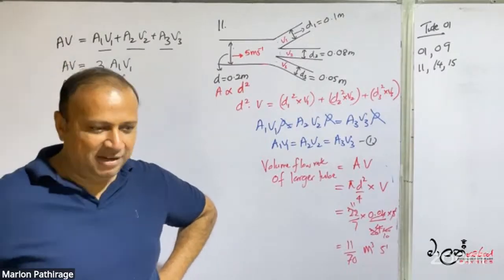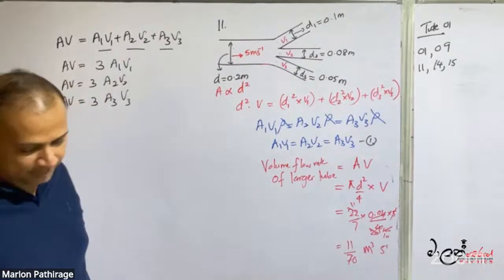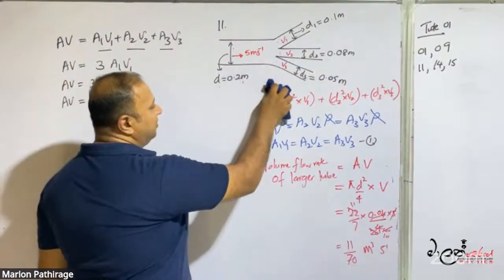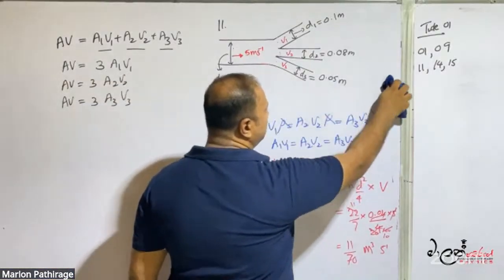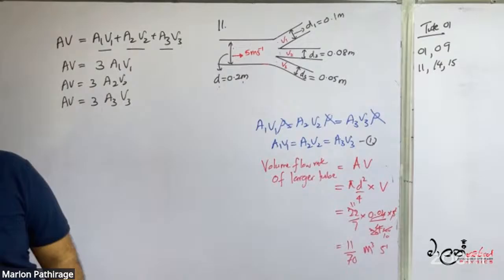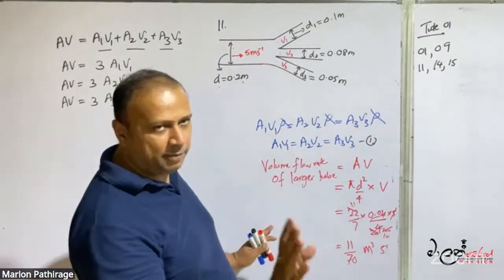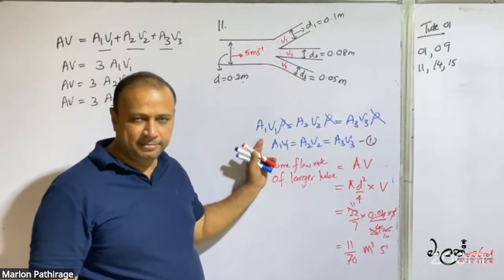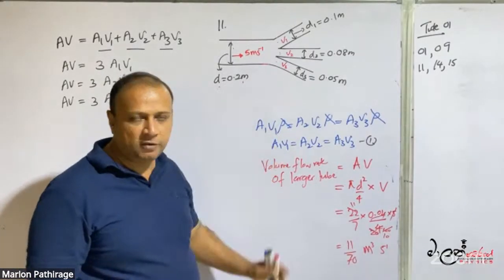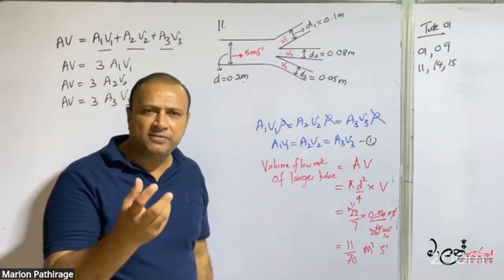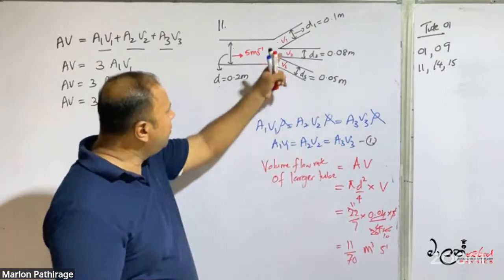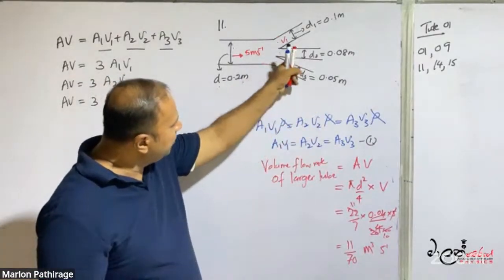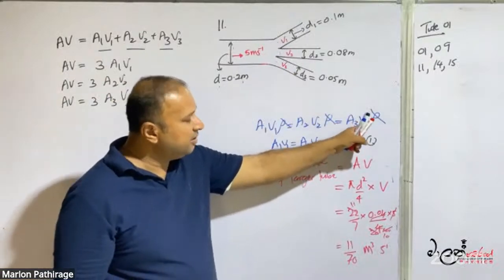I will explain once more, listen carefully. This is not necessary. Look, here it says mass flow rates are equal. What is the mass flow rate? It is A V rho, therefore A1 V1 rho should be equal to A2 V2 rho, should be equal to A3 V3 rho.